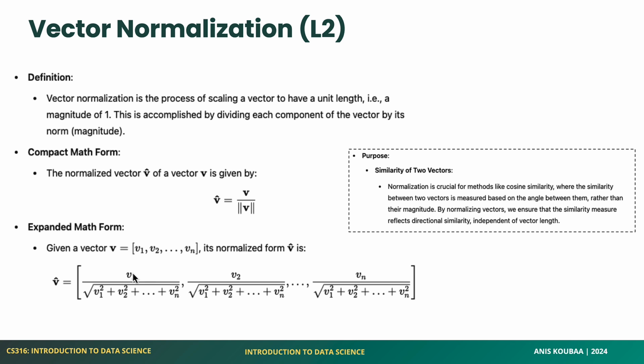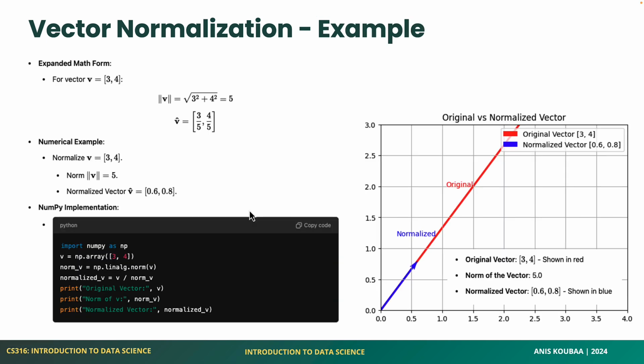There are other types of normalization, such as dividing by the max of all numbers, but this is what we call L2 normalization. We divide by the norm of the vector. Here is an example: vector v is 3, 4. We calculate the norm.